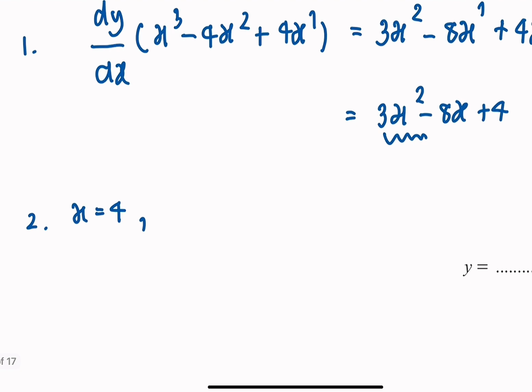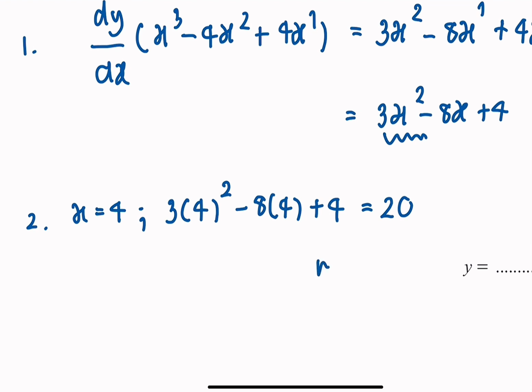Therefore, three multiplied by 4 squared minus 8 multiplied by 4 plus 4. This is equal to 20, and this is the value of m. Therefore, m is equal to 20.